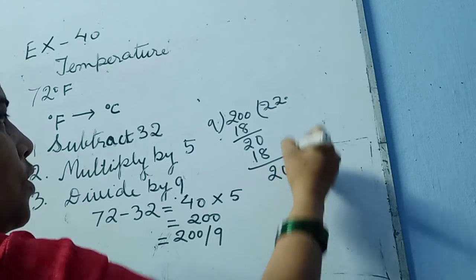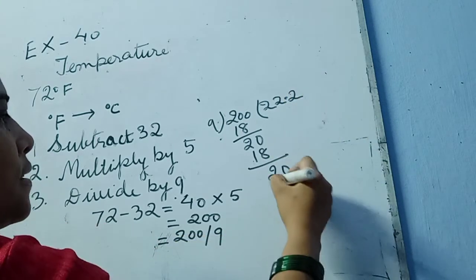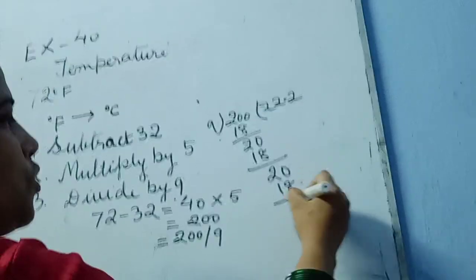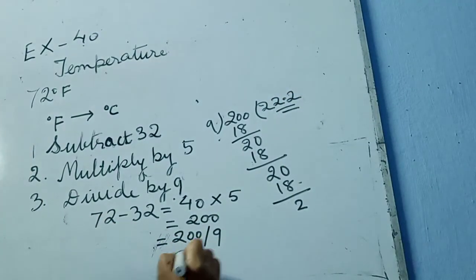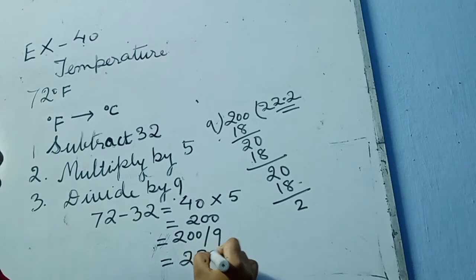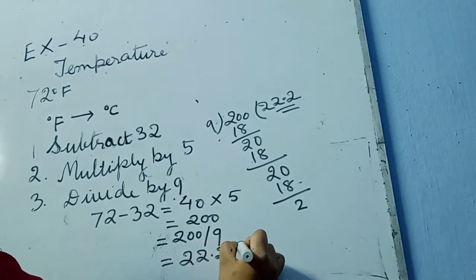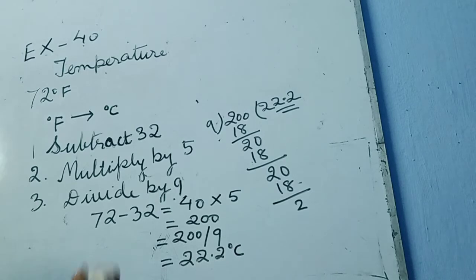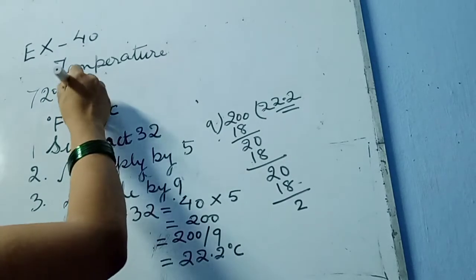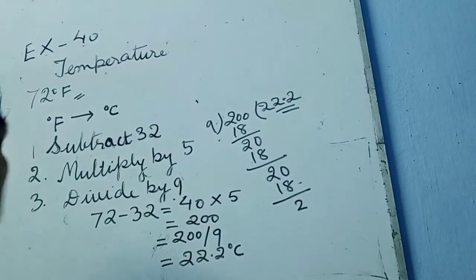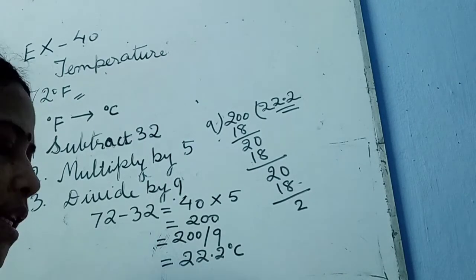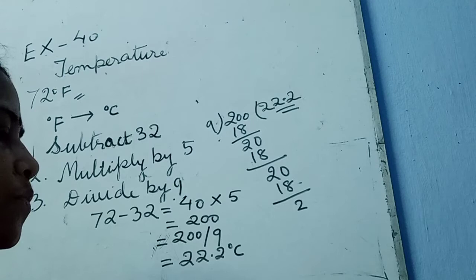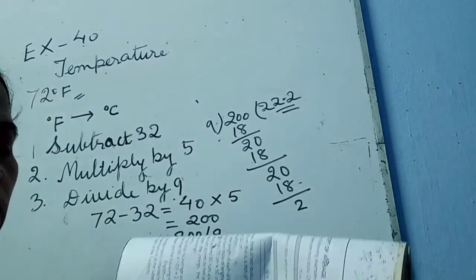We will bring 0, and then again you will see this is 2. So the answer is 22.2 degree Celsius. When we convert 72 degree Fahrenheit into degree Celsius, we are going to get 22.2 degree Celsius.